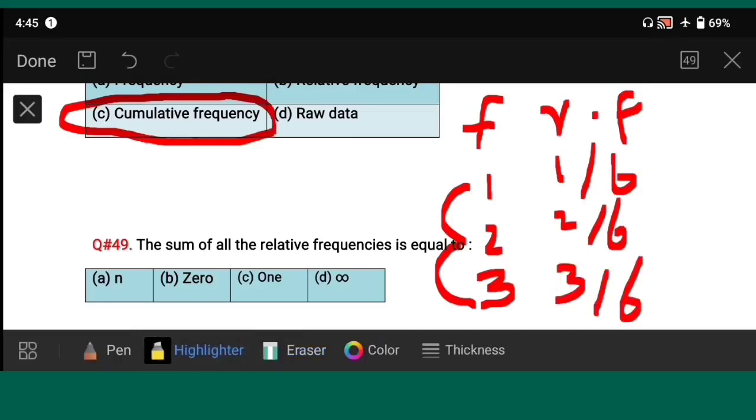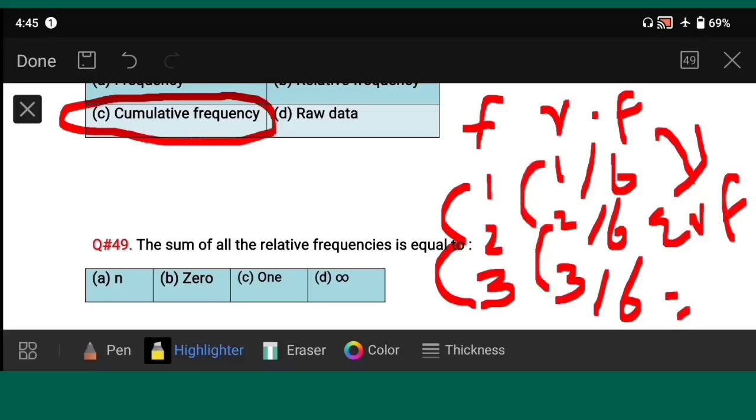When we sum these, we get 6 by 6, which means 1. So the sum of all the relative frequencies is equal to 1, which is the correct option.